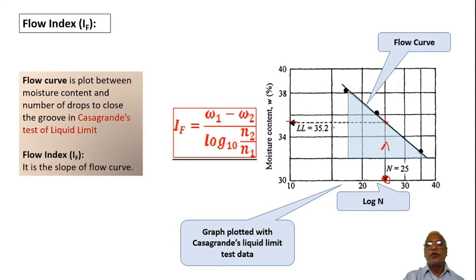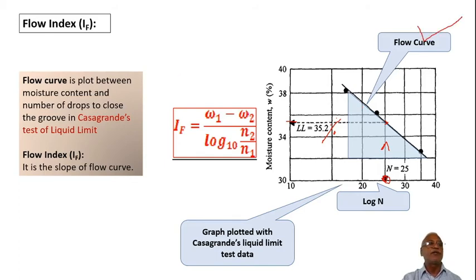Here, 35.2 is given as the example, one value of liquid limit. It can be anything. Whatever straight line you get, we call it the flow curve.